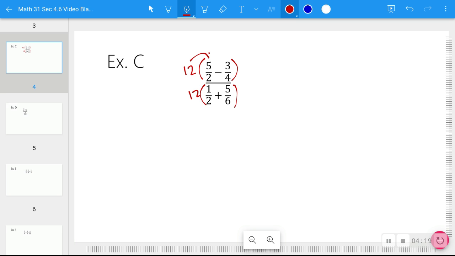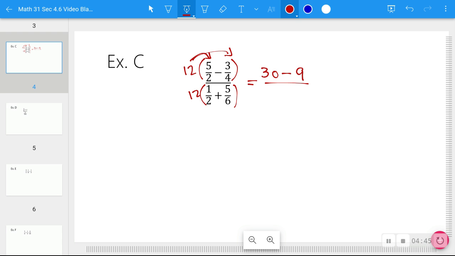In other words, you're going to multiply by 12 times both fractions up there. The first time around, 12 divided by 2 is 6. 6 times 5 is 30. And then the second round here, 12 divided by 4 is 3. 3 times 3 is 9.